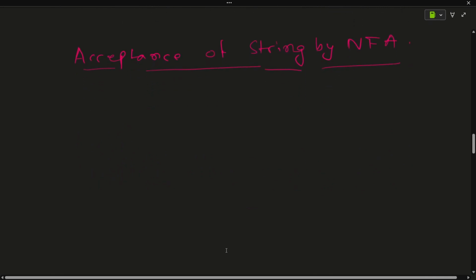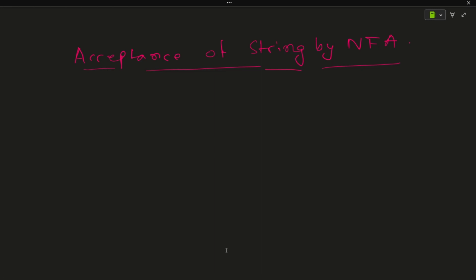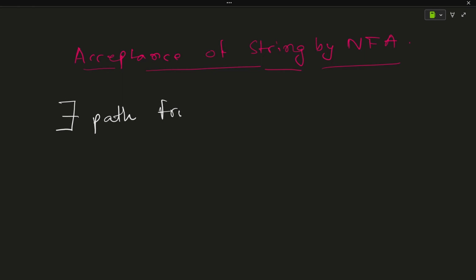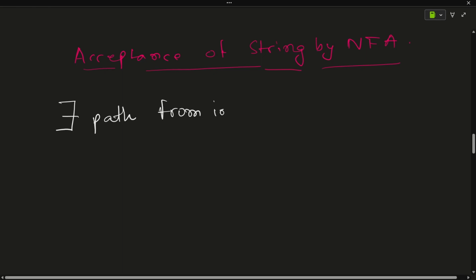What is the explanation? For an NFA, there will be at least one path from the initial state.